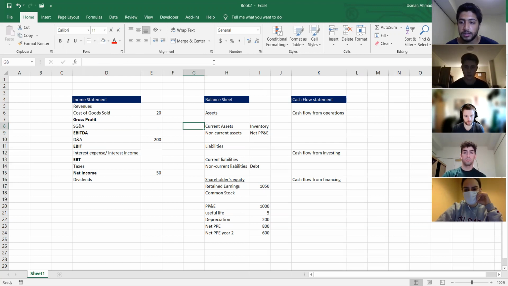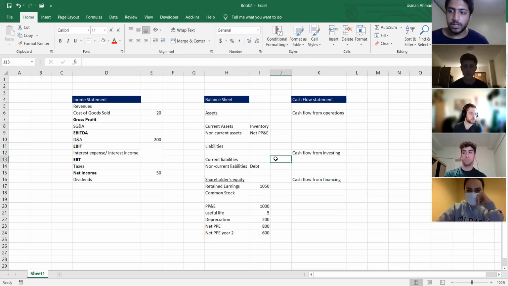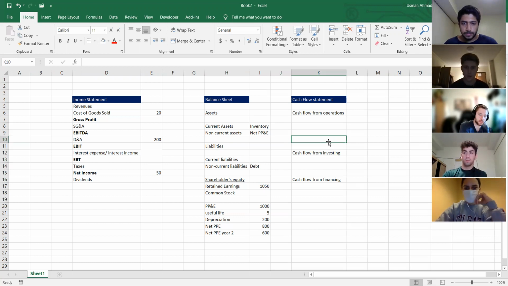Any other questions? Okay, so next up we'll explore the links between the balance sheet and the cash flow statement. So inventory on assets on the balance sheet is like the total stock of current inventory, right?